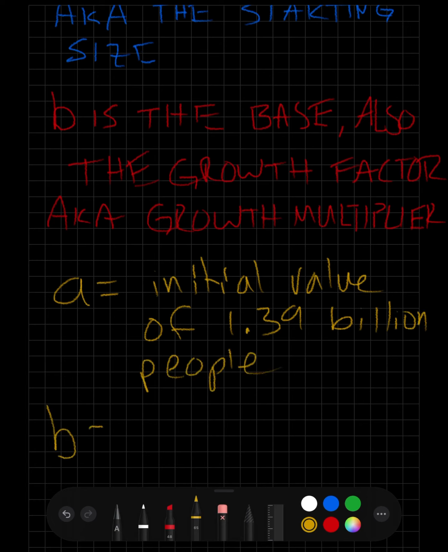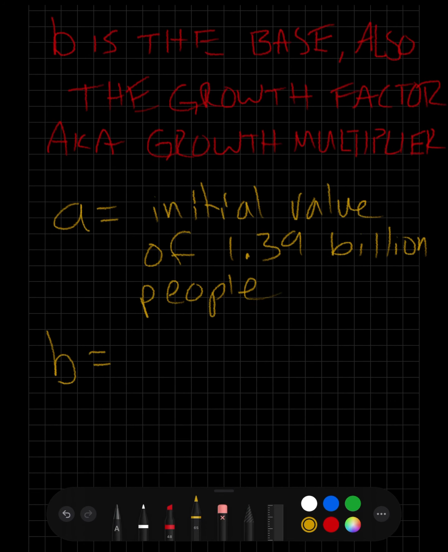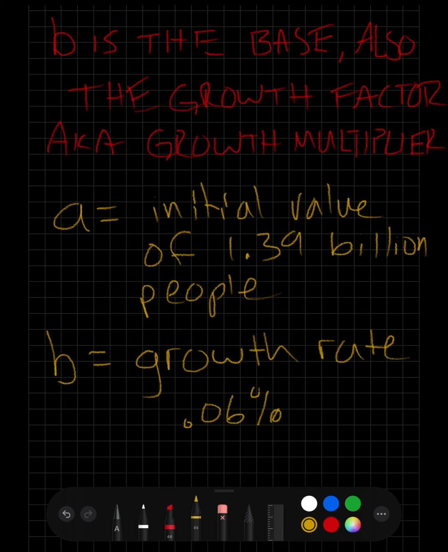B is equal to the growth rate, and so we have 0.6%. Oh, I'm sorry, I was right the first time, 0.6%. And to write that as a decimal, we're converting that into 0.006.